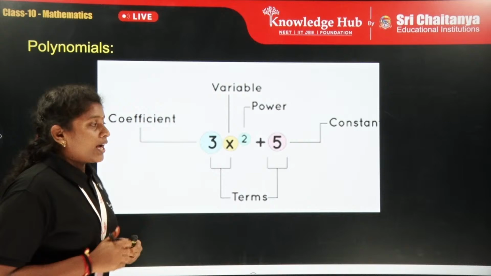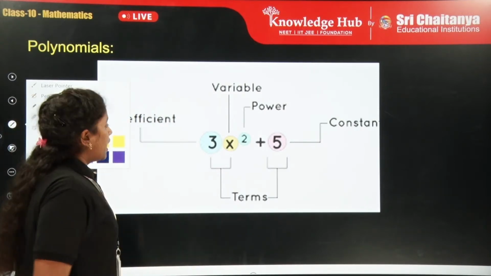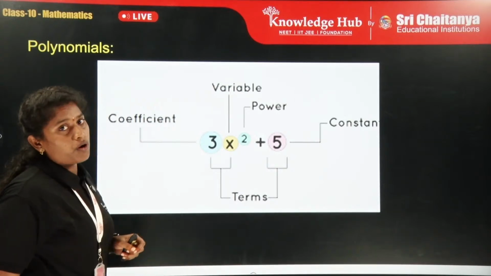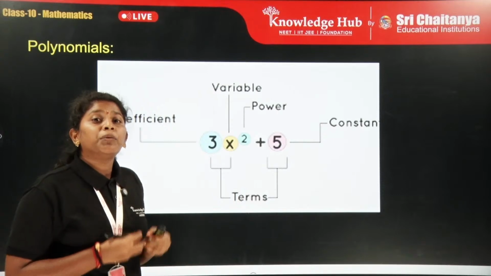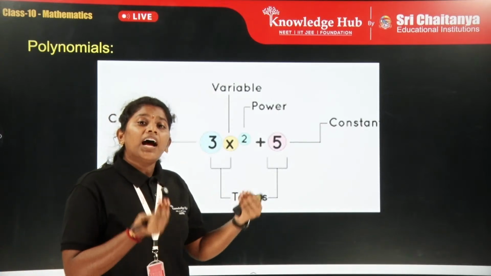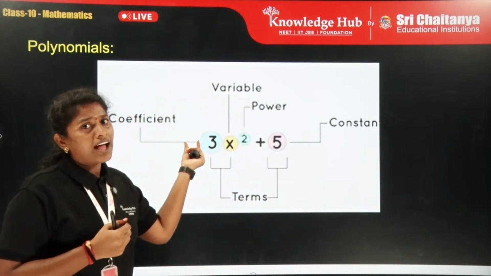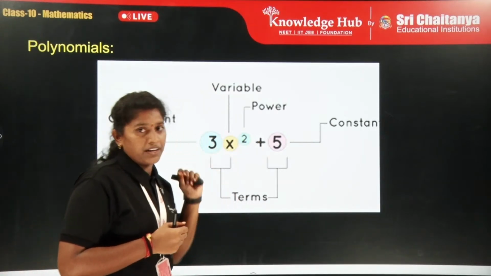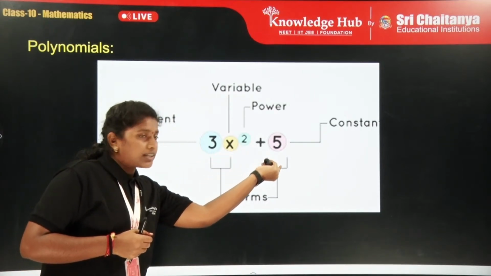Okay. So now coming to the variable, we know the basic definition of a variable. If we don't know the value in an algebraic expression, we use a letter to represent the unknown value. That unknown value we consider as the variable. So here we have an example of 3x square plus 5. 3x square is one term, and 5 is also a term.